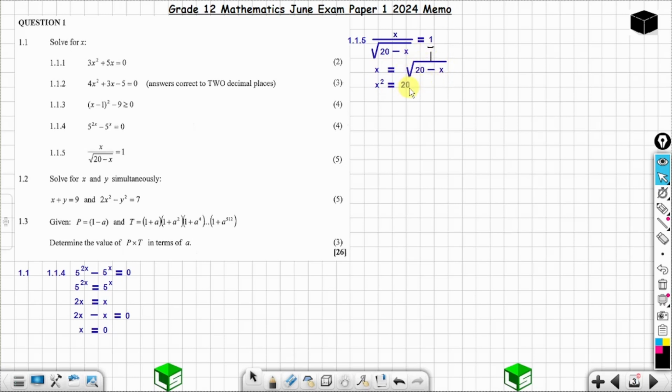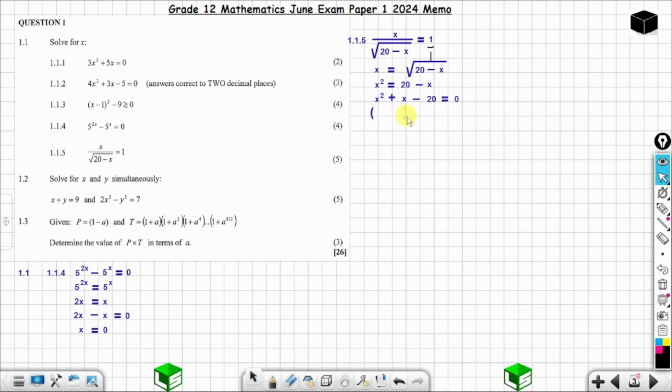Now you have 20 minus x. So let's carry on. You have x squared, you bring this to the left, plus x, you bring 20 to the left, minus 20, equal to 0.